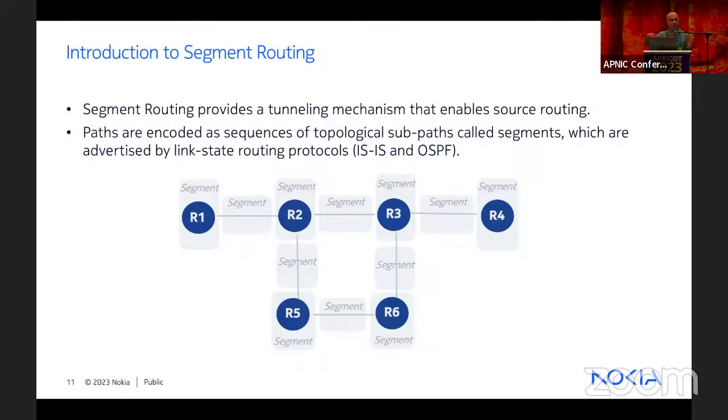So it's not the core of the network, the P routers and so on, that are determining the path. It's the ingress provider edge. And that's a very important concept. And the way it does it is by encoding the path information into the packet itself, right? Now think about this. It's a very powerful concept. For those of you who have used RSVP-TE LSPs, who's used RSVP-TE here?